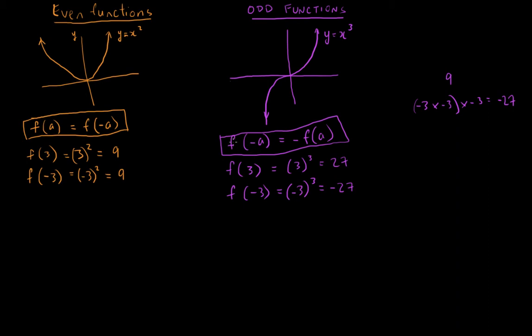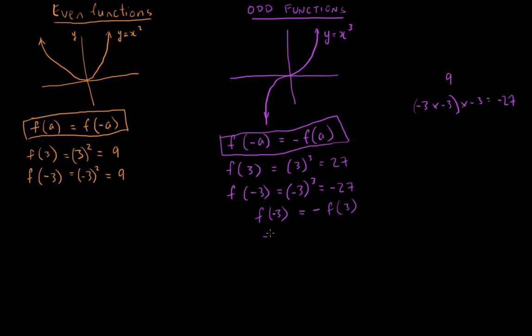So here we can see that it is an odd function because f of minus 3 is equal to minus f of 3.